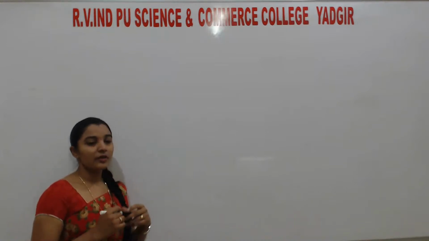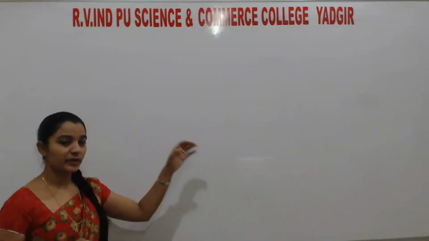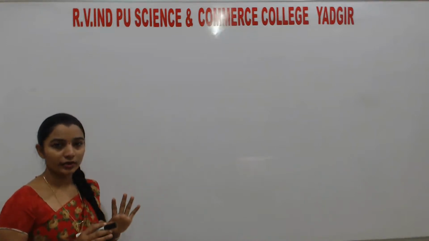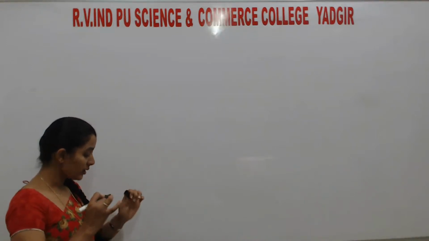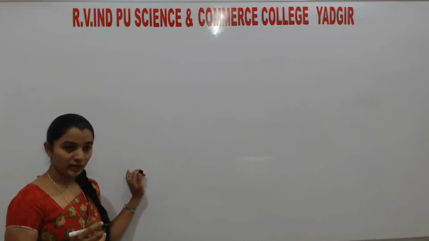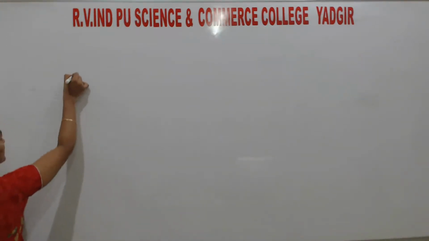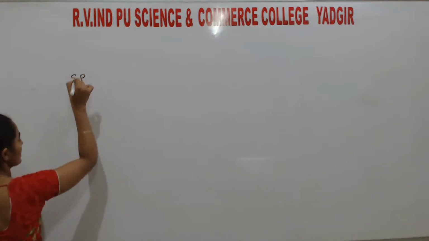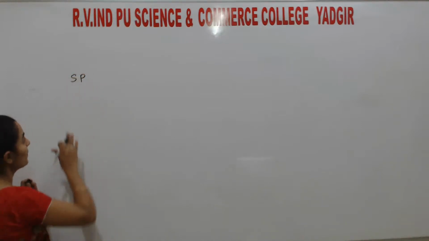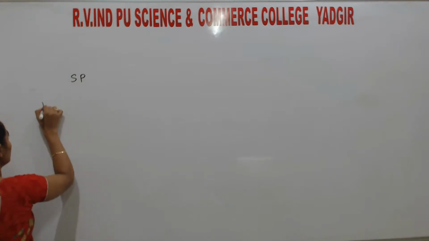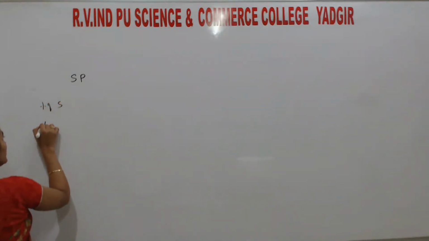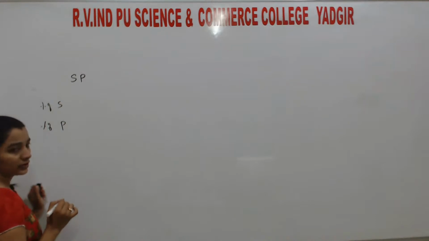And the next one: we studied sp, sp2, sp3, their structure, their bond angle, everything. So the next topic is the percentage character and the acidic nature. So students, if sp hybridization is there, what is the percentage of s character and percentage of p character?